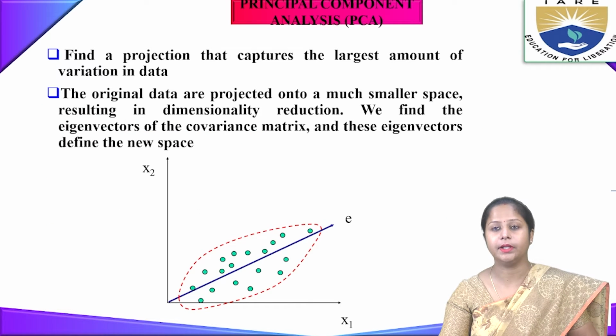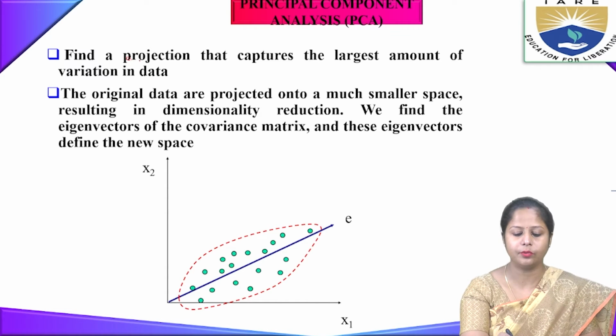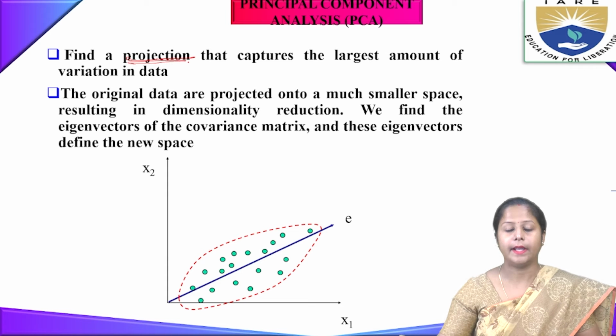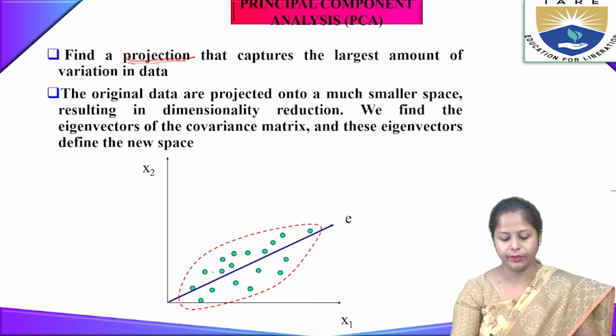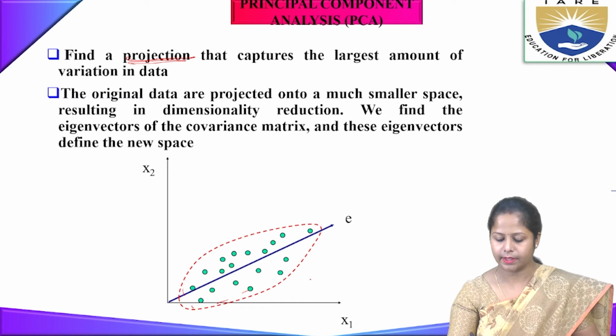Principal component analysis is also called PCA. If you have some type of data, what we need to do is find a projection that captures the largest amount of variation in the data. This is the graph after the PCA analysis.